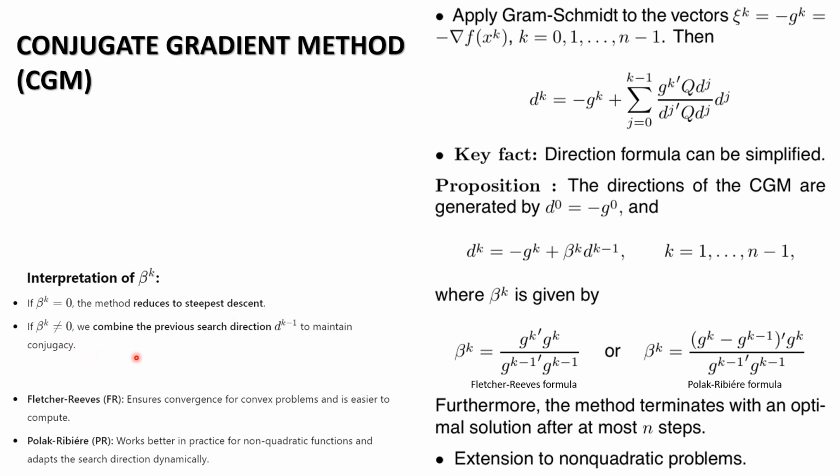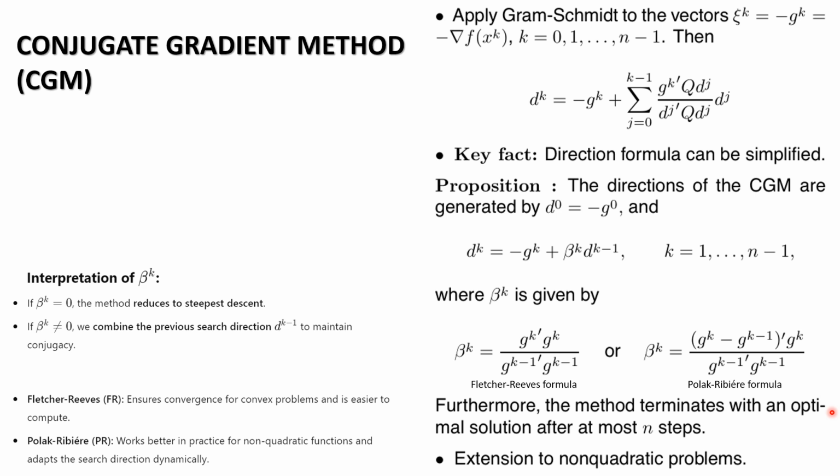If it is not equal to 0, we combine the previous search direction d(k-1) to maintain conjugacy. The Fletcher-Reeves formula ensures convergence for convex problems. It's easier to compute. And the Polak-Ribiere formula works better in practice for non-quadratic functions and adapts the search direction dynamically.